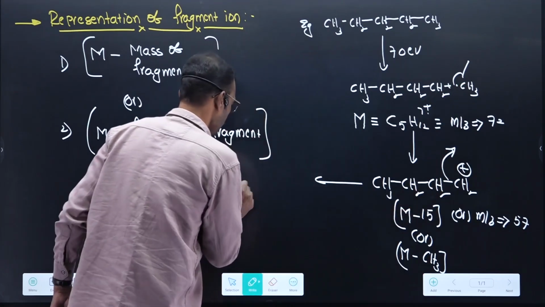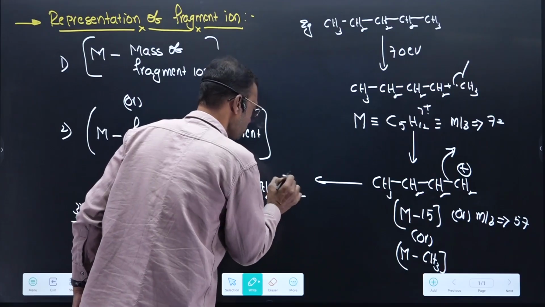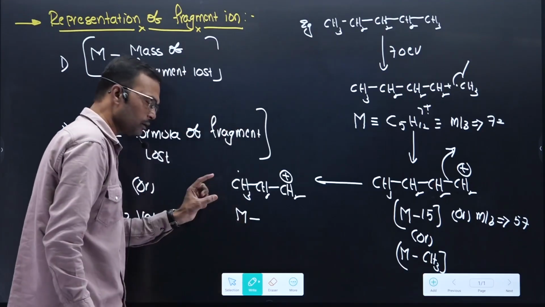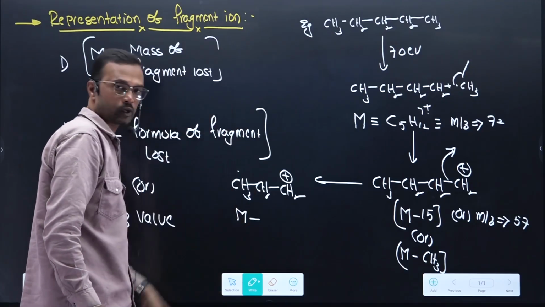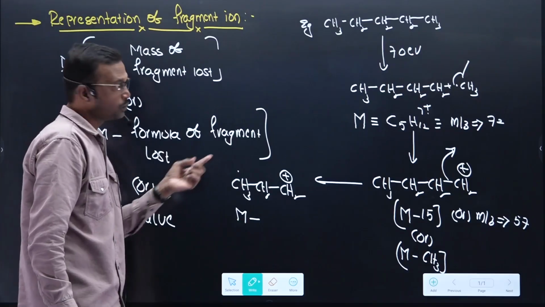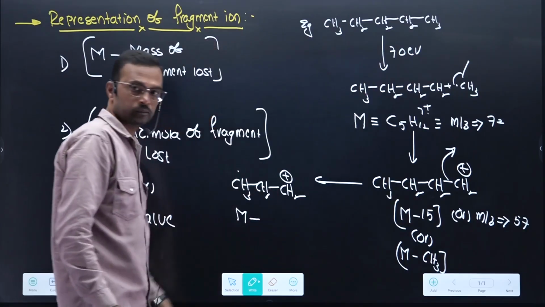So from here I can write one more fragmentation. Heterolysis. What will you get? CH3 CH2 and this is CH2 plus, or not. Now see, this is the molecular ion. From the molecular ion, which fragment, if I remove, will give you this one?